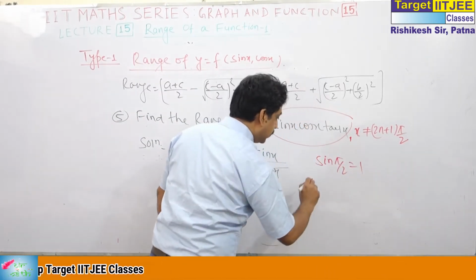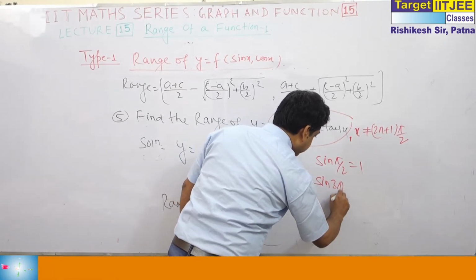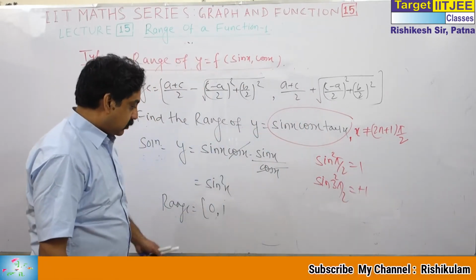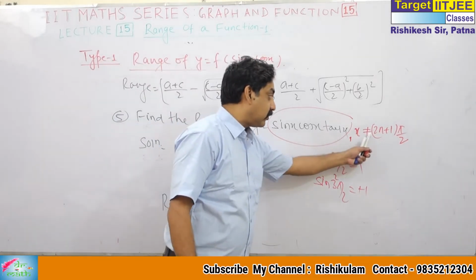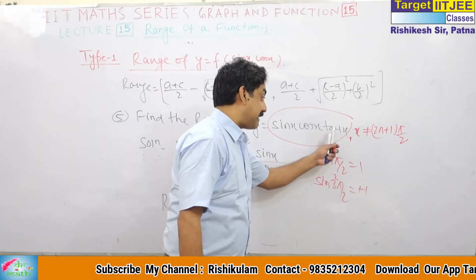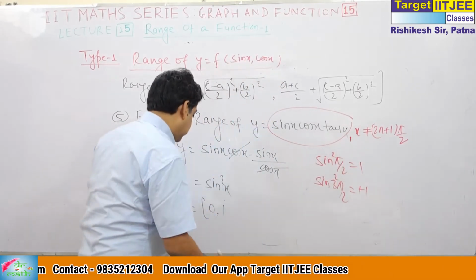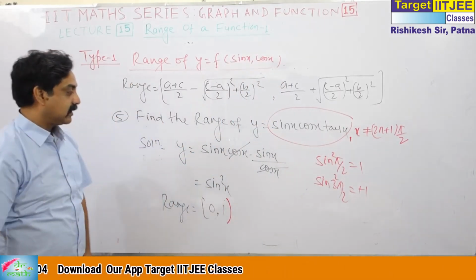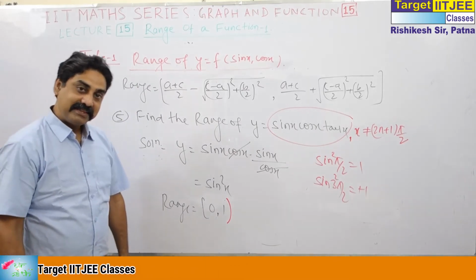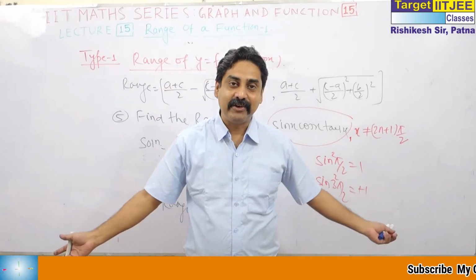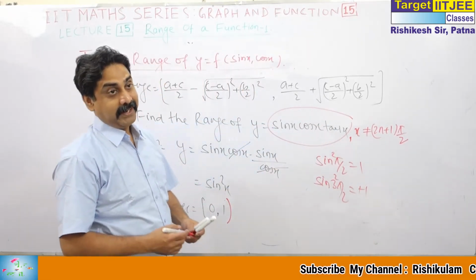Sin pi by 2 is 1. Sin 3 pi by 2 is what? Minus 1. Square of them is what? Plus 1. So since we cannot consider this according to domain, due to this tan x the domain is restricted, and due to restriction of domain, we cannot take it. And this is the correct answer. This is the intelligent point. The first question is just related to trigonometry, but this is the main point.